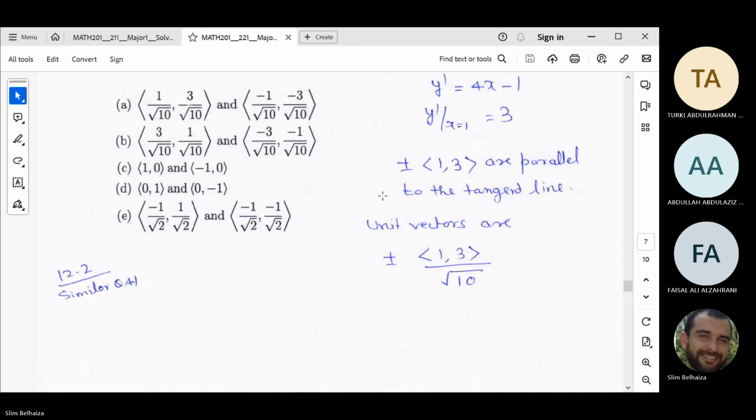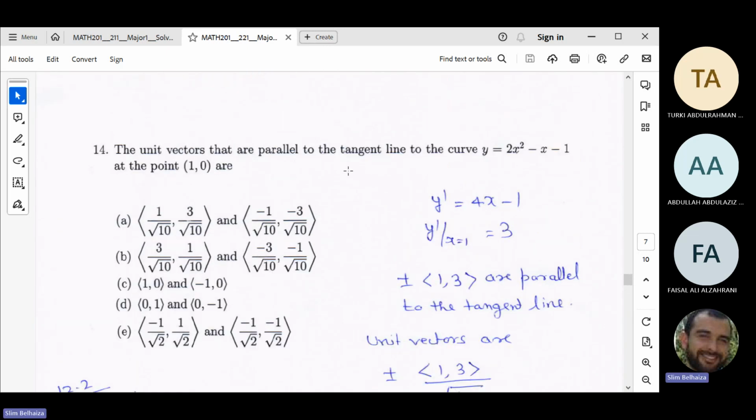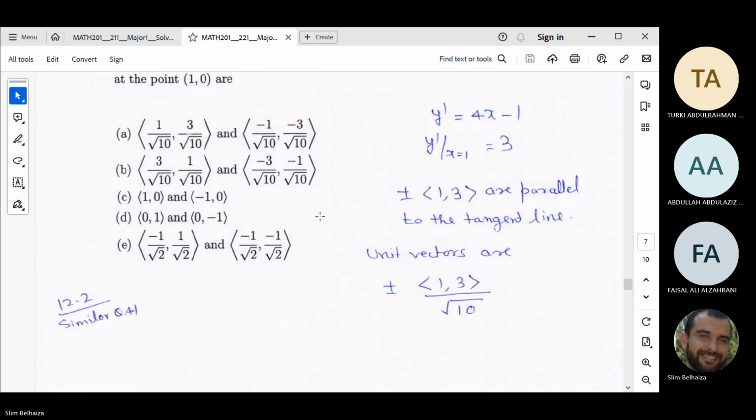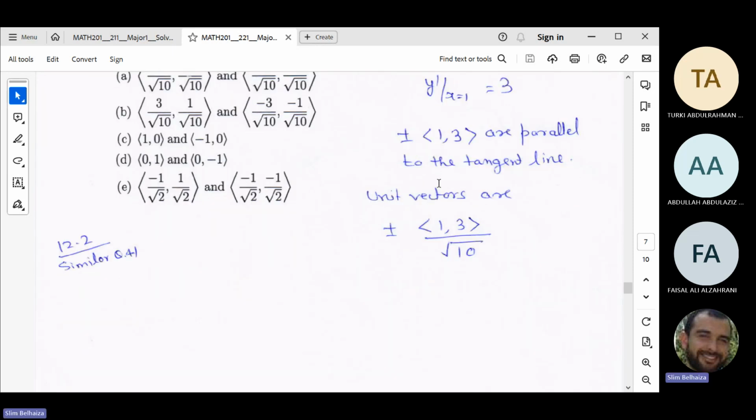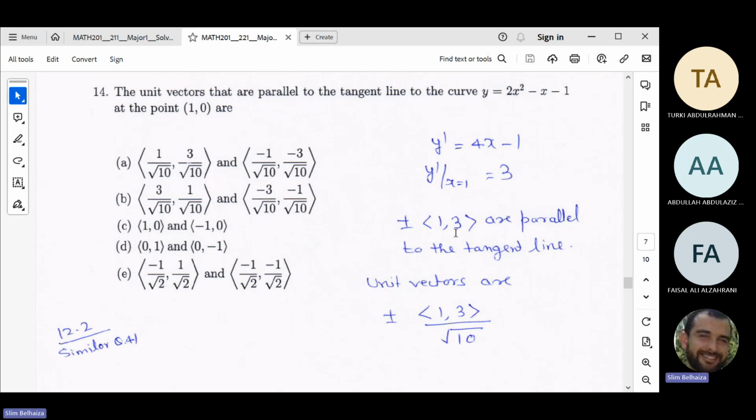Since b over a is equal to 3, b is equal to 3a. So you end up with the square root of a squared plus 9a squared equal to 1, meaning 10a squared equals 1, which means a squared is 1 over 10. So a is plus or minus 1 over square root of 10.